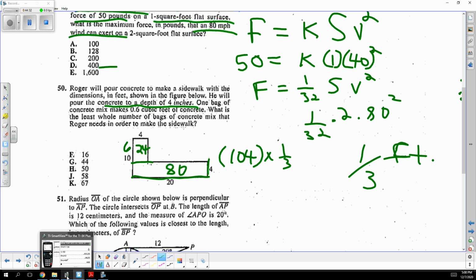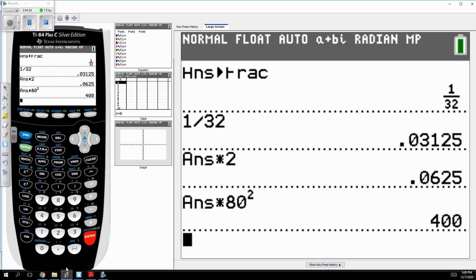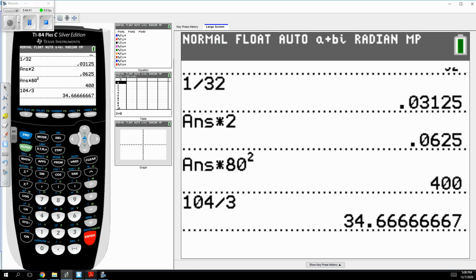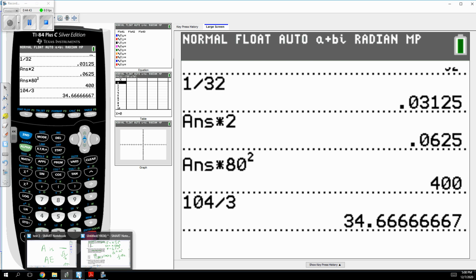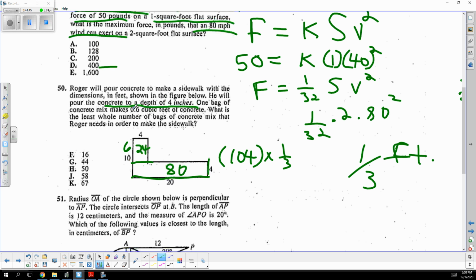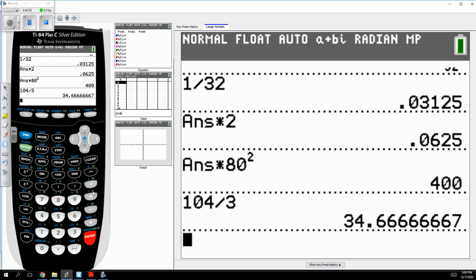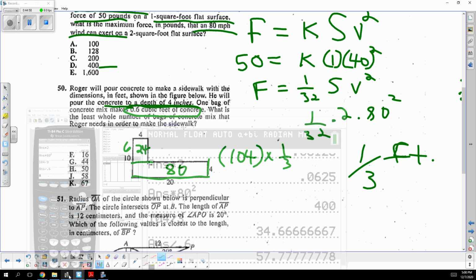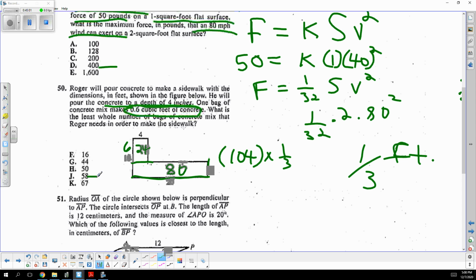So it's 104 times 1/3, or 104 divided by 3, 34.66. Now, what you have to see is the bag of concrete makes 0.6. So when you divide by 0.6, that'll give you how many bags you need. Well, 57 ain't going to do it. You've got to go up to 58 to buy enough.